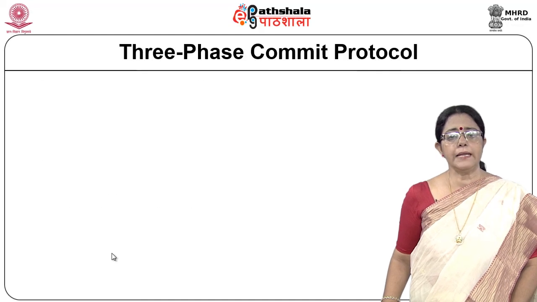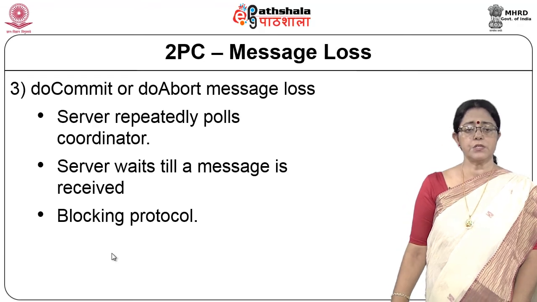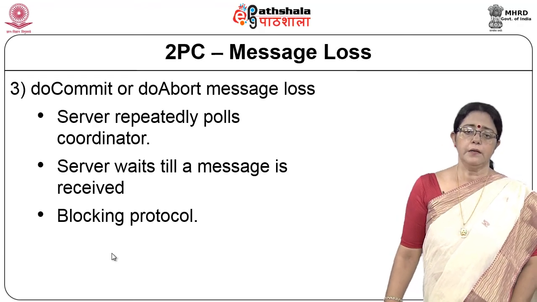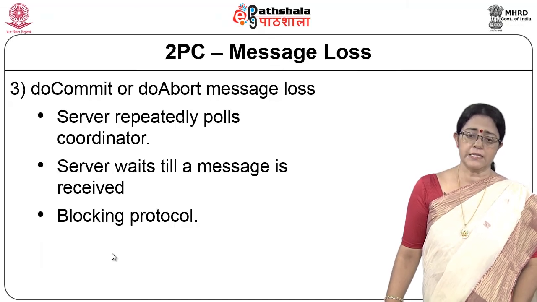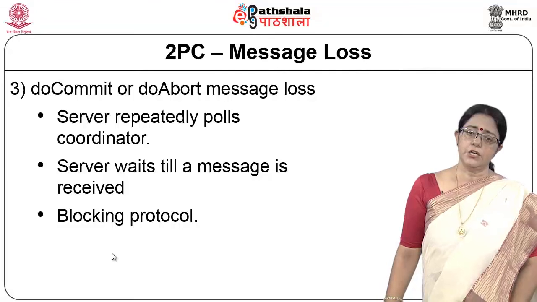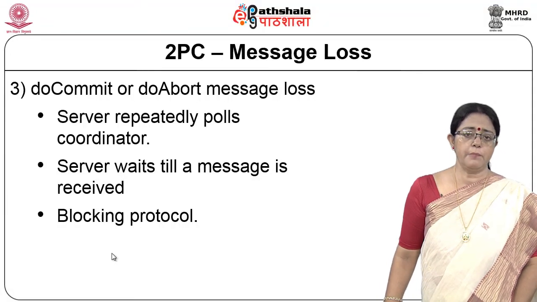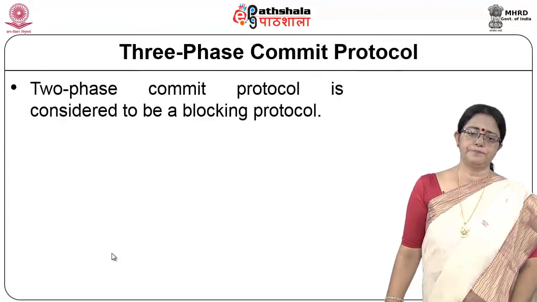In case the do commit or do abort message is lost, then the server repeatedly polls the coordinator. A participating server has to wait for the message to be received, and no decision can be taken by the servers. Therefore, it is a blocking protocol.